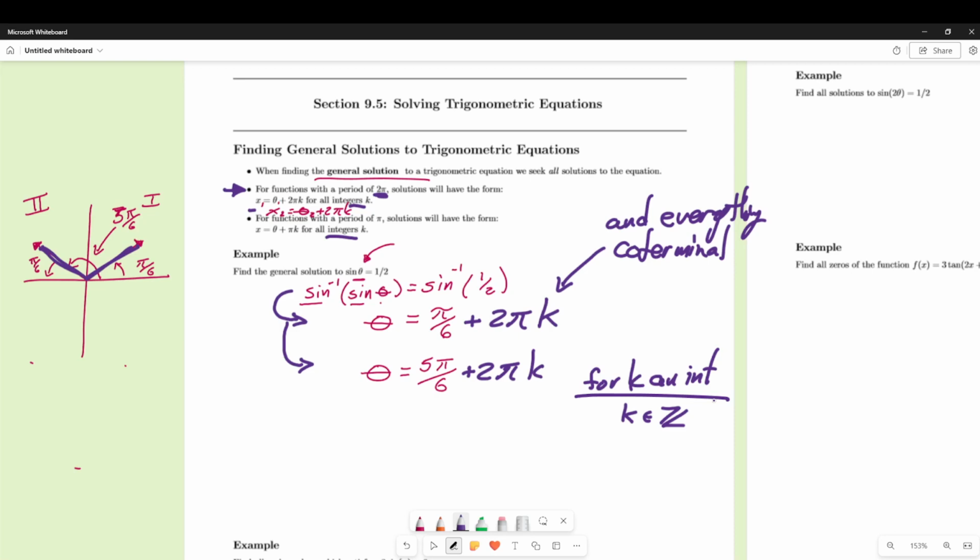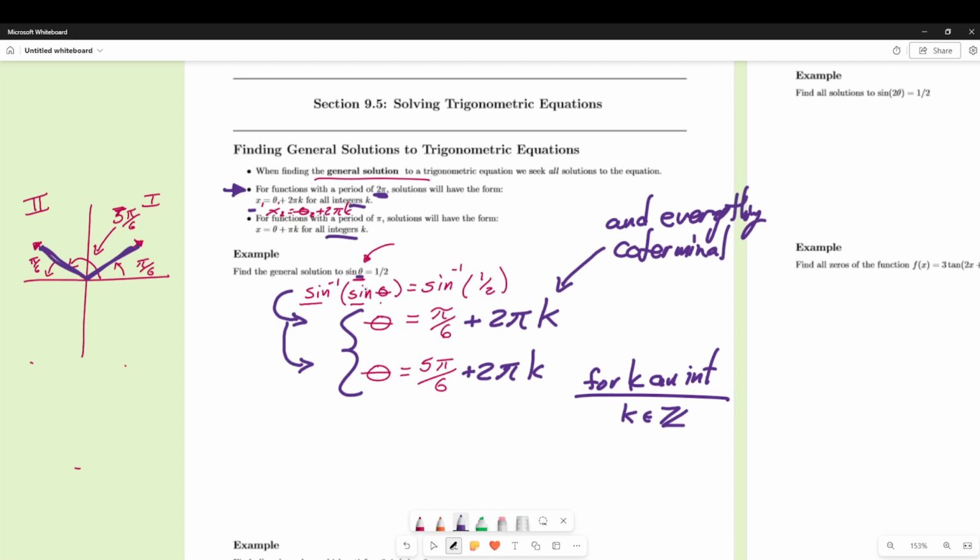It has to be an integer because we can't add half rotations or third rotations because we'd be somewhere else. So it's plus full rotations, and if k is negative, it's minus full rotations. But this gets you a set of solutions that gives you every possible value for theta that makes that statement true.